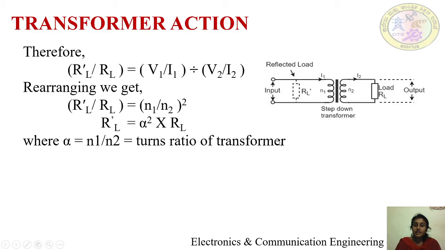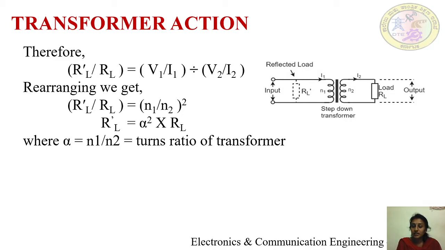It means that impedance connected to one side of the transformer can be made to appear larger or smaller at the other side depending upon the square of the turns ratio. And the transformer has the property of impedance matching.